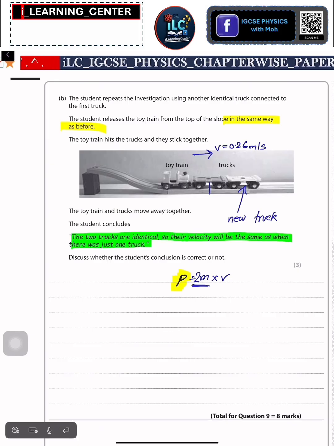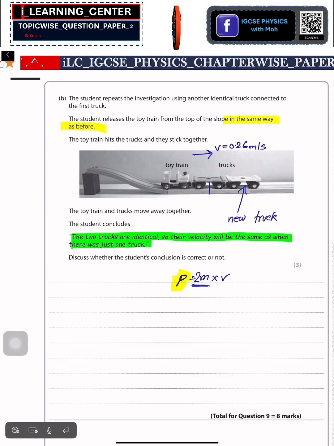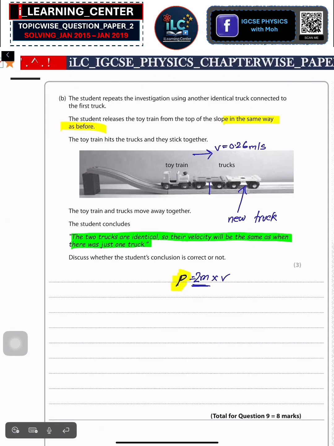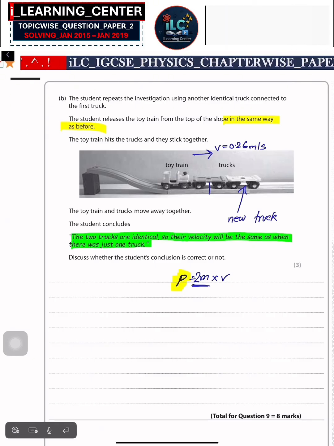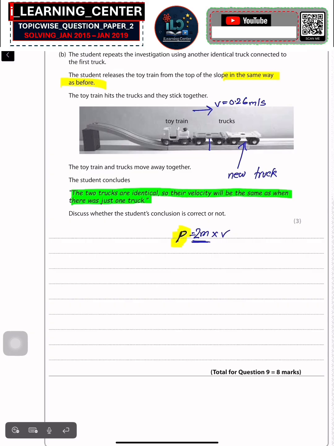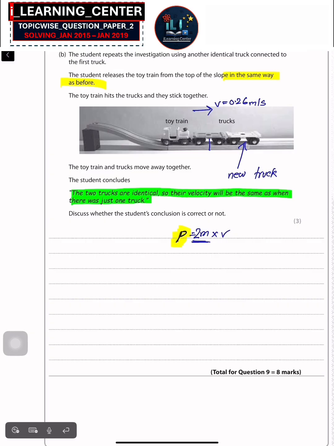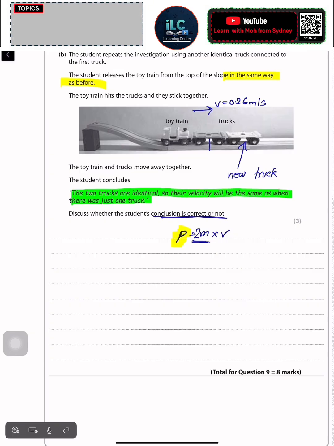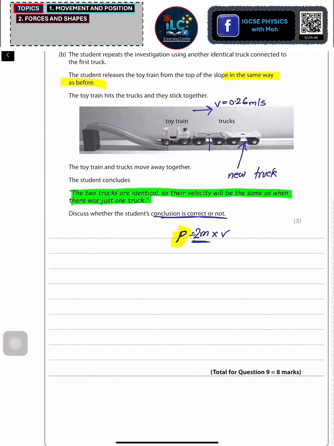So for this reason, here they are asking you to discuss whether the student's conclusion is correct or not. So you just have to say if it's correct or not. The way we will do it is we will use the explanation from scratch.